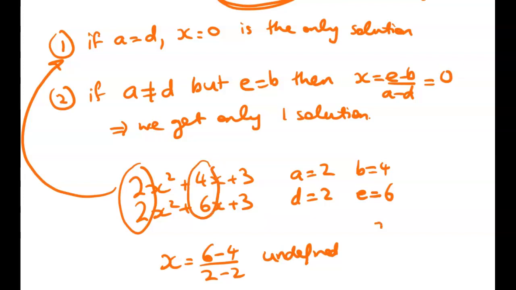For example, if we had 3x squared plus, I'm just going really slowly here, plus 4x plus 3, and we had 2x squared plus 4x plus 3, then we're going to get just one solution there, right?